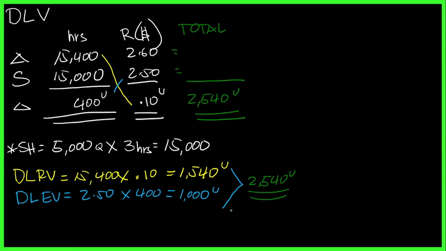Okay, let's go to your variable overhead variances. Oh, ganun din. Dahil variable cost siya, you have here your actual, you have here your standard, and you have here the number of hours, and you have here your rate. Okay.